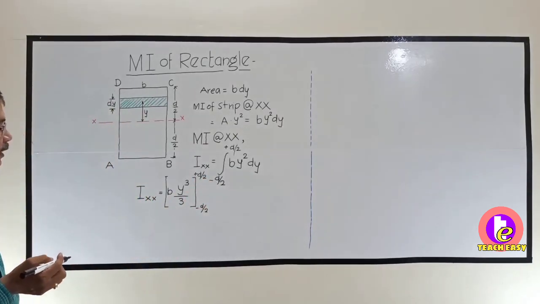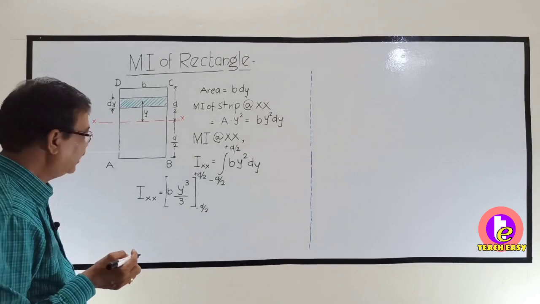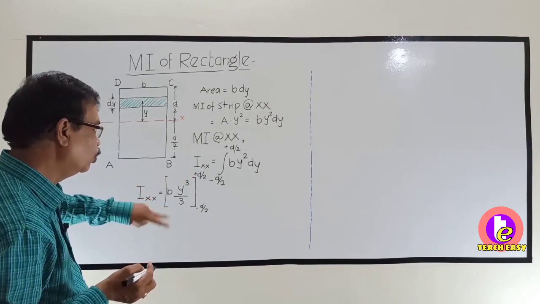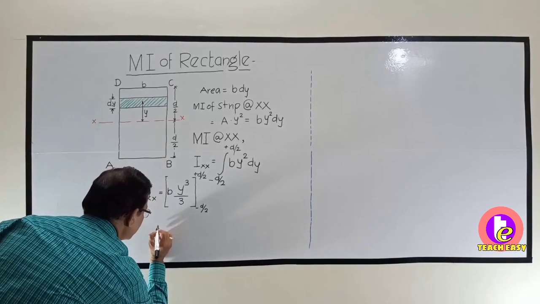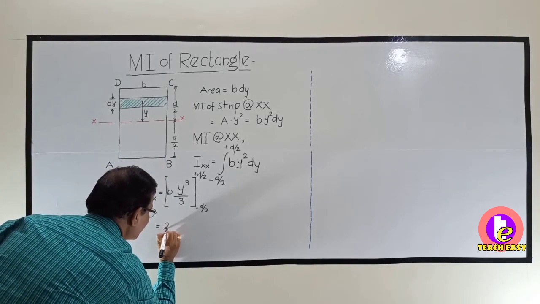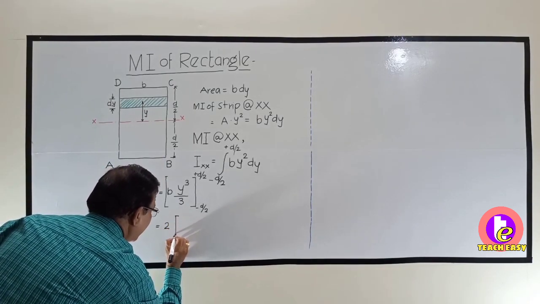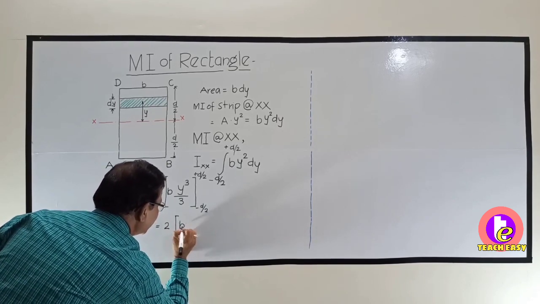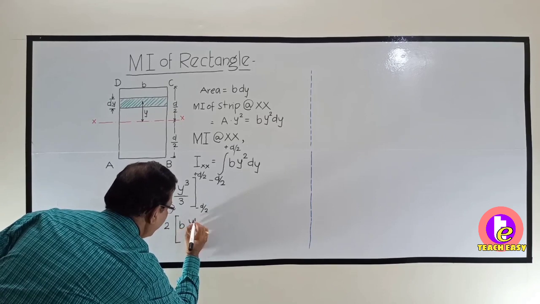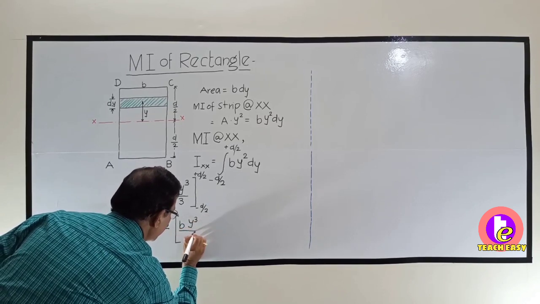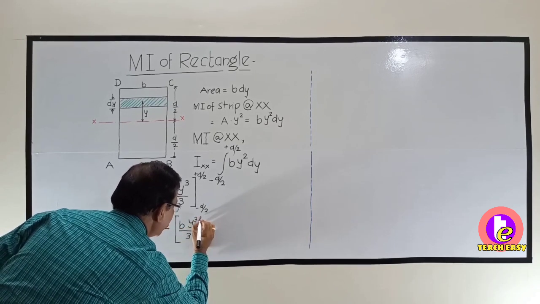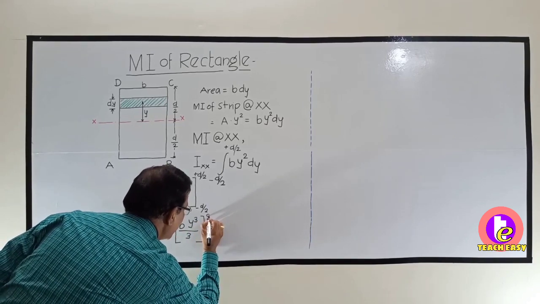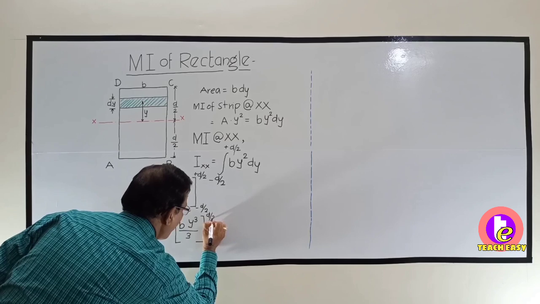For that purpose, we know that integration from minus d by 2 to plus d by 2 will be 2 times the integration from 0 to d by 2. So b will be as it is, y cube upon 3, and it is 2 times, 0 to d by 2.